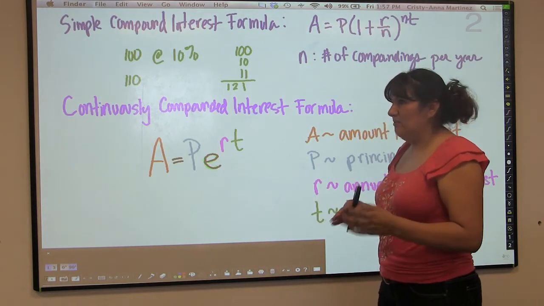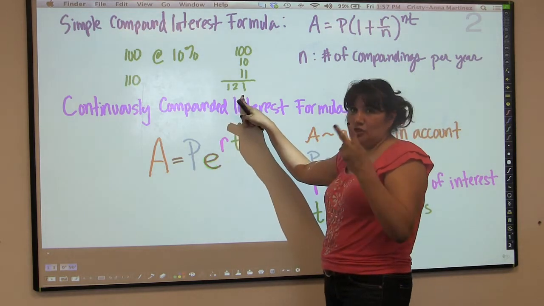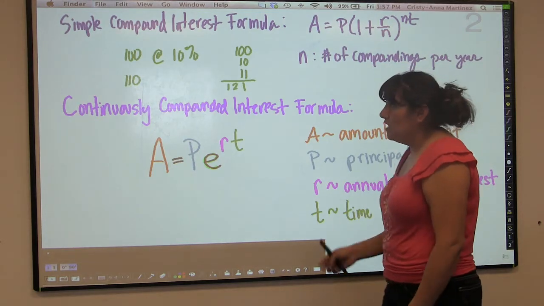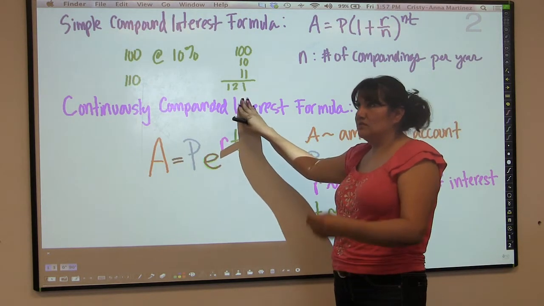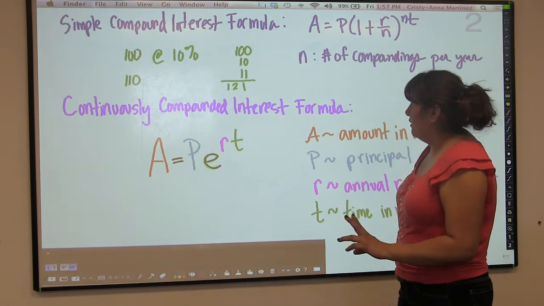If you compound annually, it's going to take you 2 years to get $121, and so forth. So that's kind of the compound interest formula.